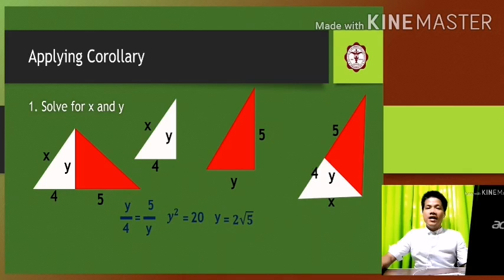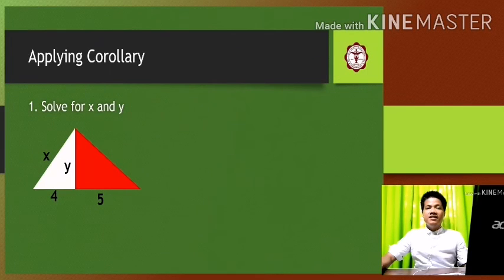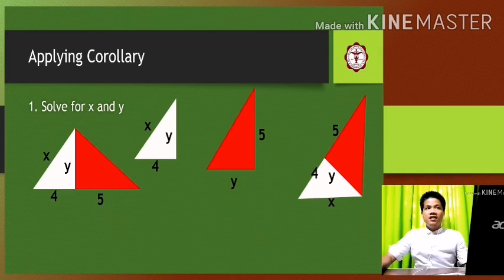The same way, and with the same given and illustration, we can solve for the value of x using these three similar triangles. So we can now write the proportions. X is to 4 equals 9 is to X. So we used here the smallest triangle and then the original triangle.